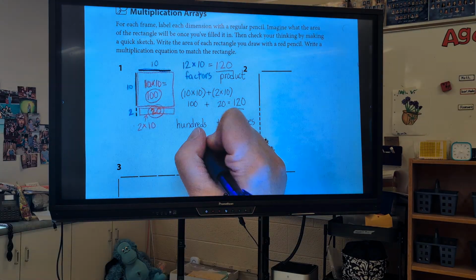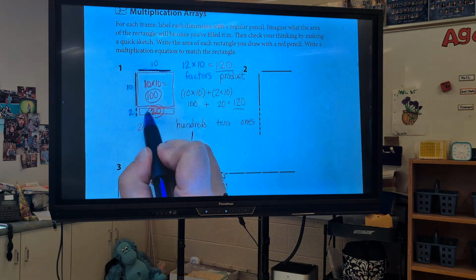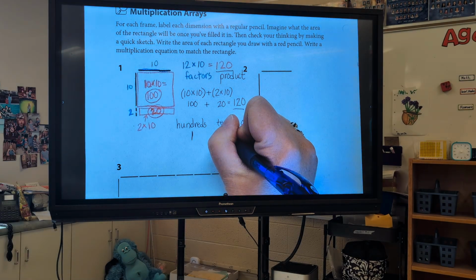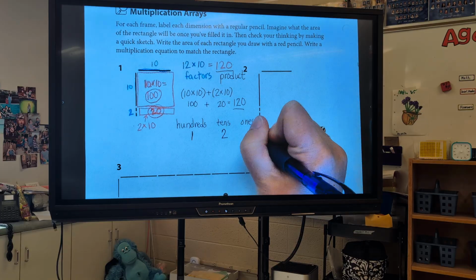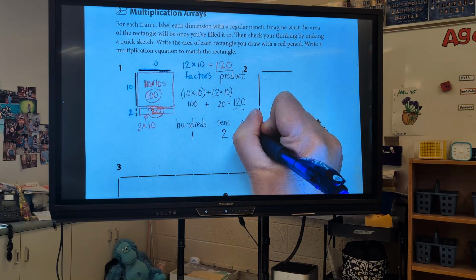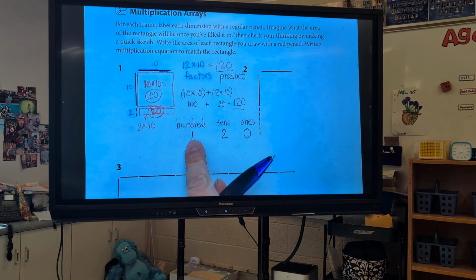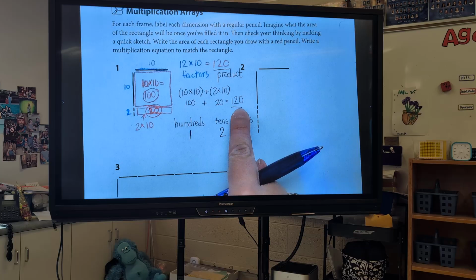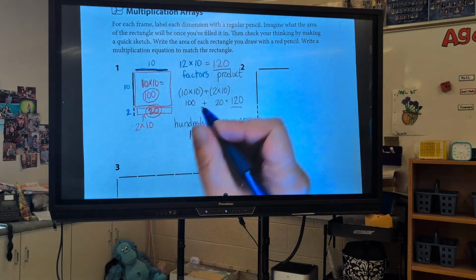And that means we have 100. And then in this rectangle, we had 2 strips. So I'm imagining 2 tens in there. And then we didn't have any units, which stand for ones. So 100, 2 tens looks like 1, 2, 0. 1, 2, 0 was our final product.